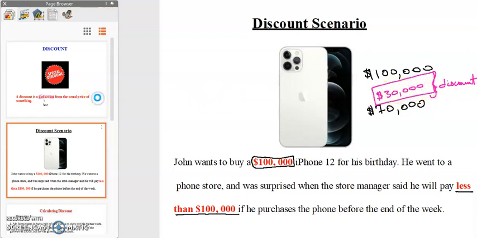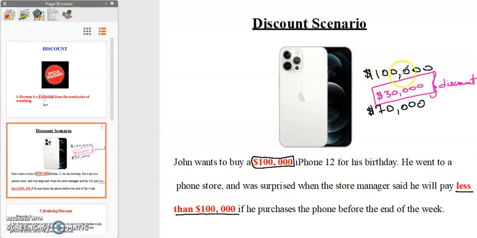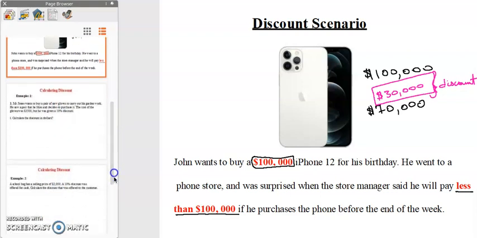And if you go back to the previous slide, a discount is a deduction from the usual price of something. So in this case, 100,000 is the usual price, and the deduction or the discount would be 30,000, because he will pay 70,000 for the phone in this case. Alright, so with that said, let's move on to some examples of how to calculate discount.